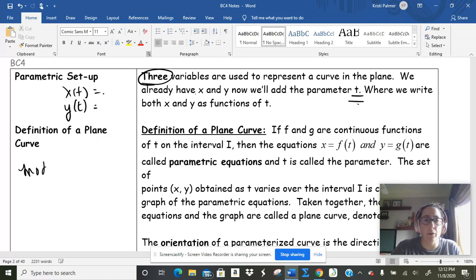If you go into your mode in your calculator and get parametric, and then go look at your y equals button, you're going to see it says x sub 1 and y sub 1, and then x sub 2, y sub 2.